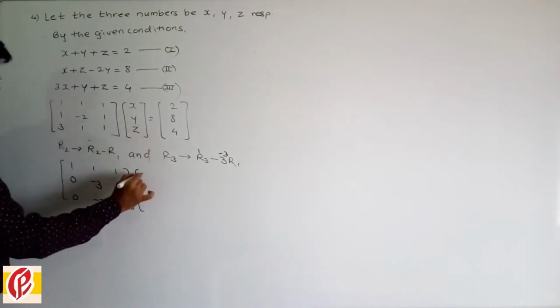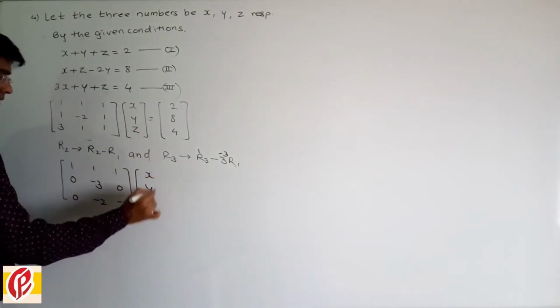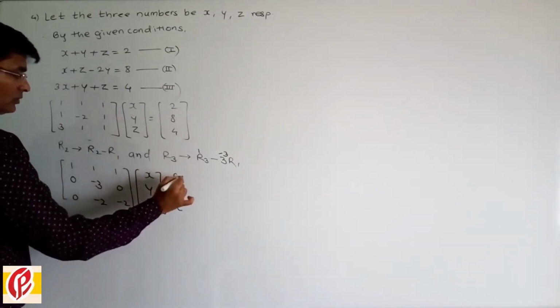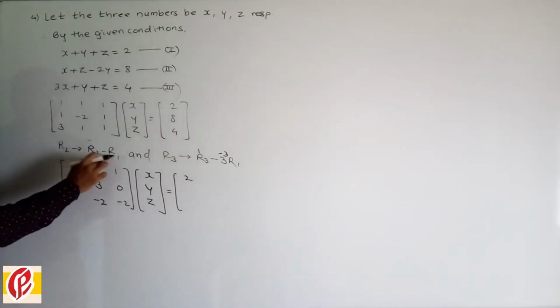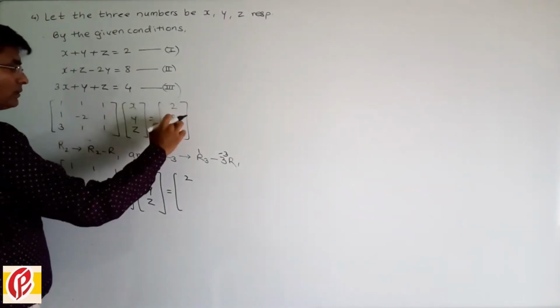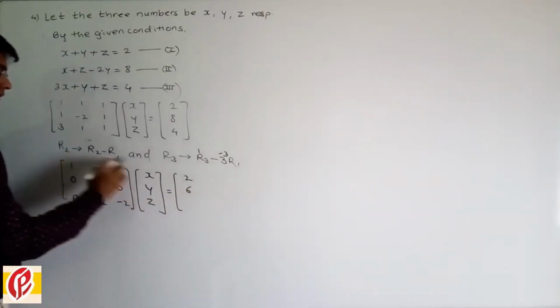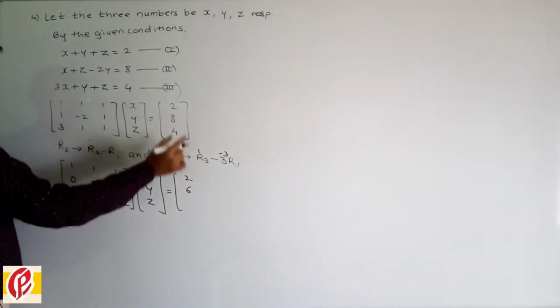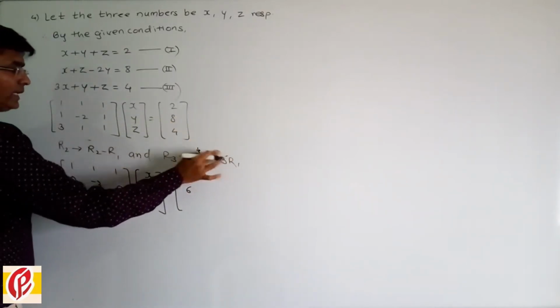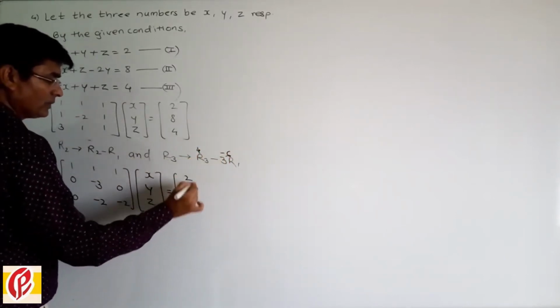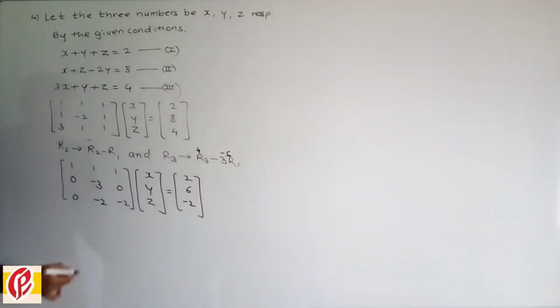So the variable matrix x, y, z is equal to 2 here. Then R2 minus R1: 8 minus 2 is 6. Then 4 minus 3 times 2 is 6, 4 minus 6 comes to minus 2.